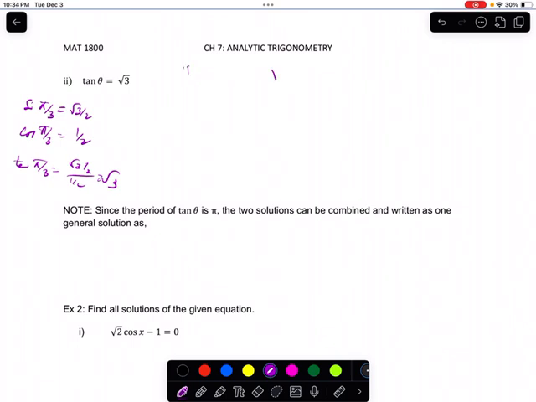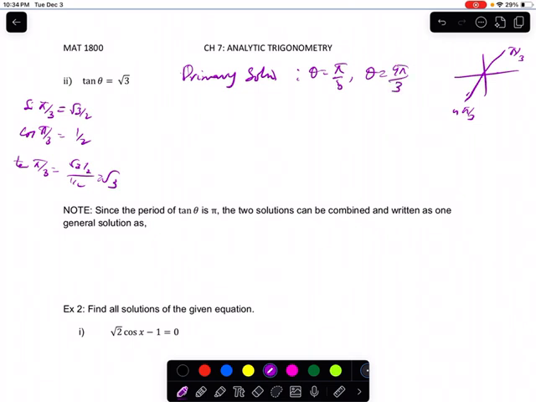Okay, so for theta the primary solutions, you can make the diagram here. Because tangent is positive, it will be in this quadrant or in this quadrant. So pi over 3, and this will be 4 pi over 3. So we will say theta equals pi over 3 and theta equals 4 pi over 3.